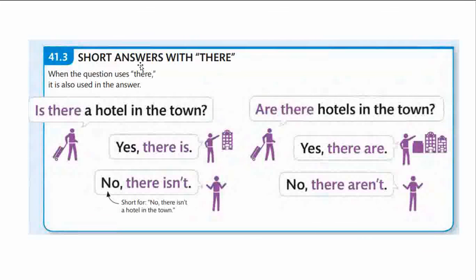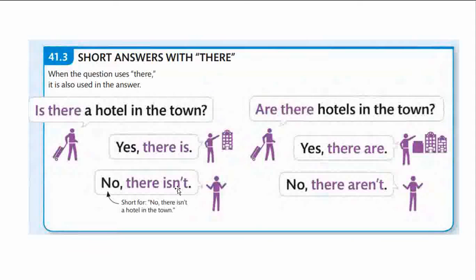The next pointer is short answers with there. When the word there is used in the question, it should be there in the answer as well. Is there a hotel in the town? Yes, there is. Or if you want to answer in negative, no, there isn't.